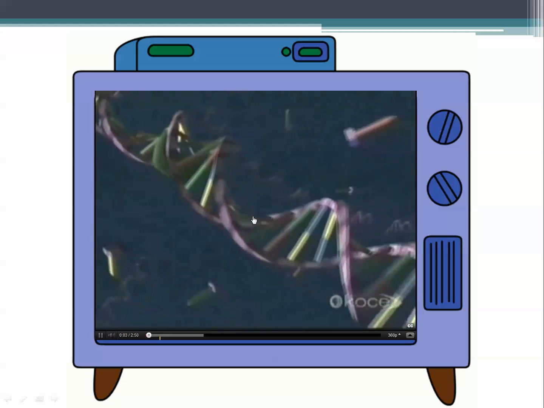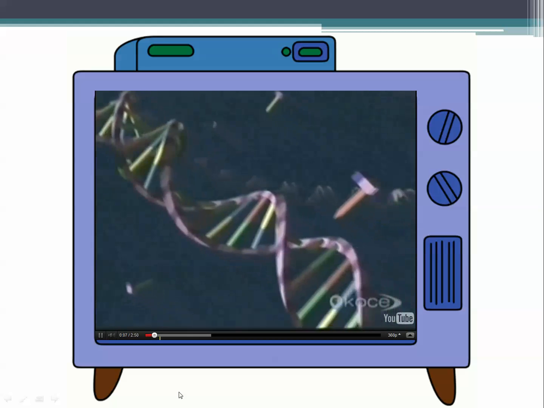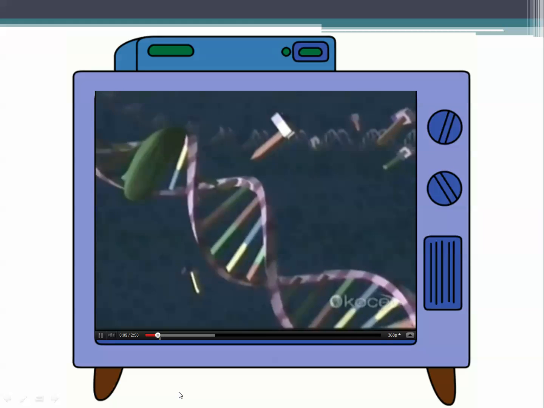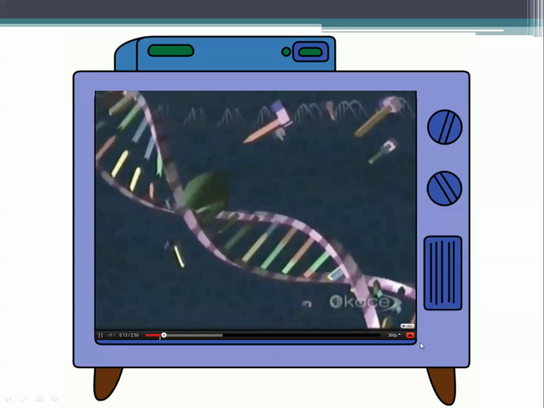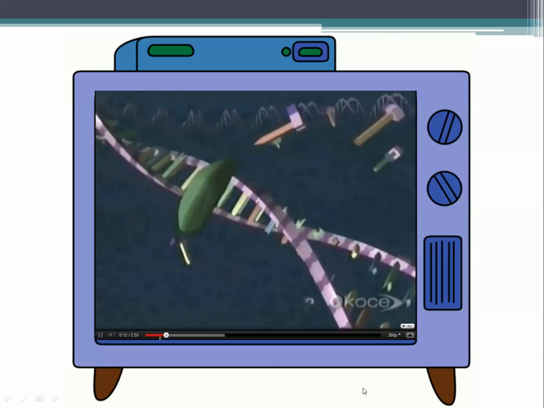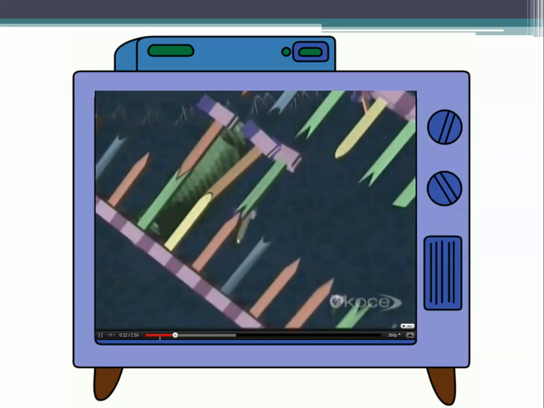The cell transcribes the genetic designs for each protein from strands of DNA to special molecules of RNA. An enzyme unwinds a segment of DNA, making room for its complementary RNA nucleotides. Both DNA and RNA nucleotides contain a sugar, phosphate, and base. But in RNA, the sugar is ribose, and one of the four bases is replaced by uracil.